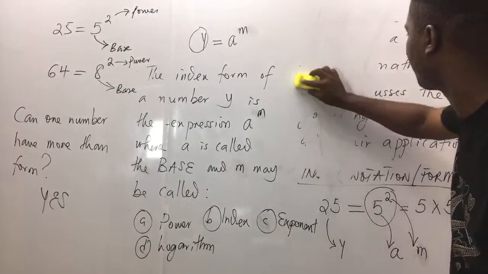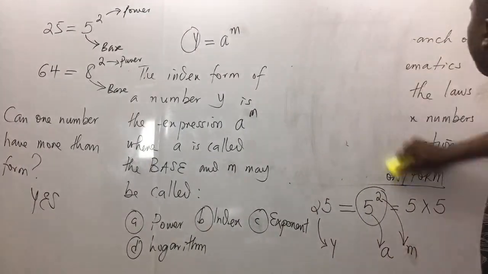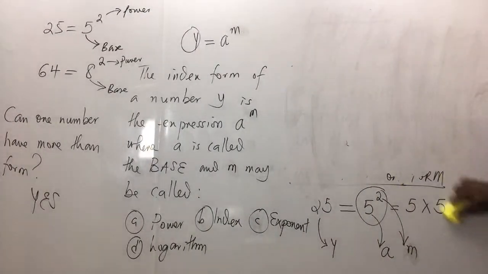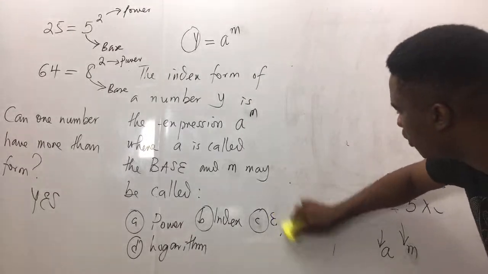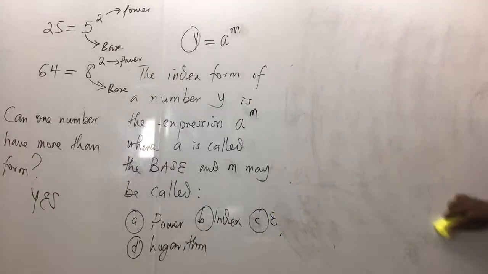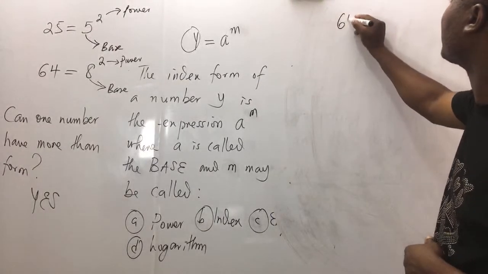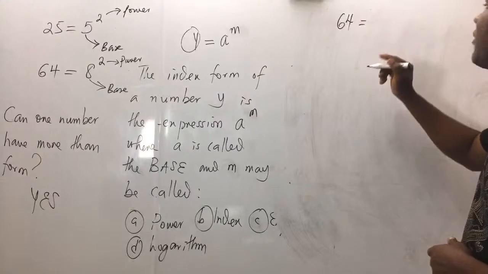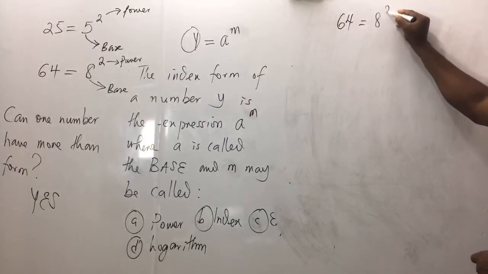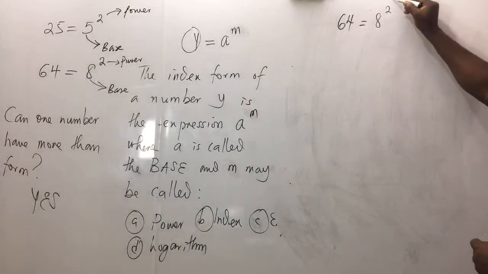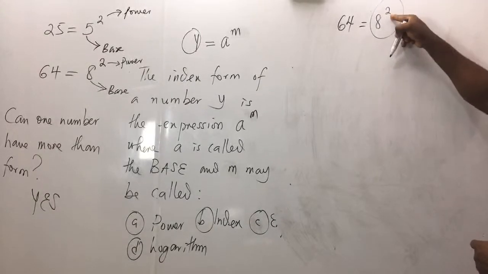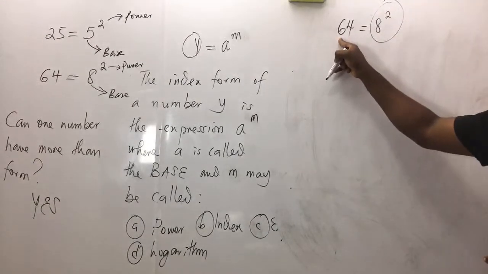So I'm going to wipe this off quickly so that we could actually see what is being explained here. One number can have more than one index form. What it means is this. Let's go back to the example of 64. 64 can be written as 8 raised to the power of 2, implying that 8 raised to the power of 2 is the index form of 64.